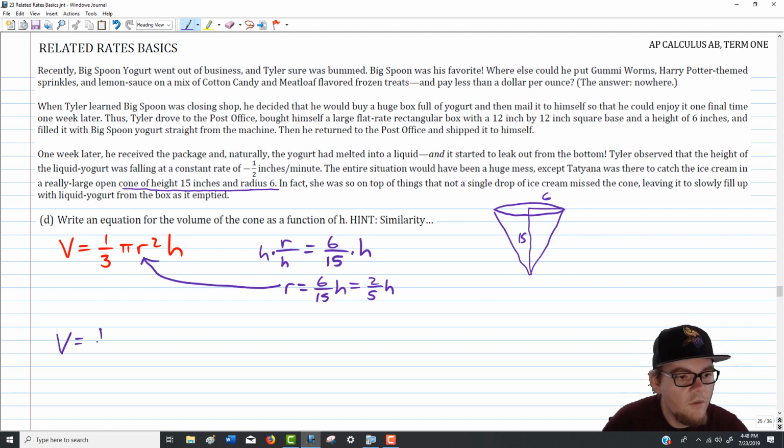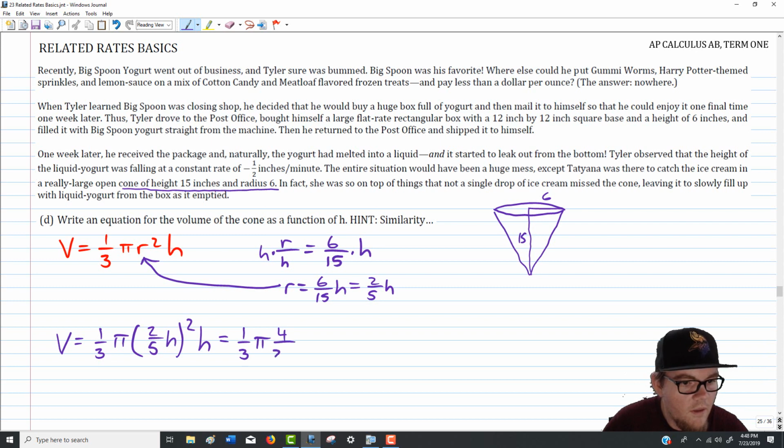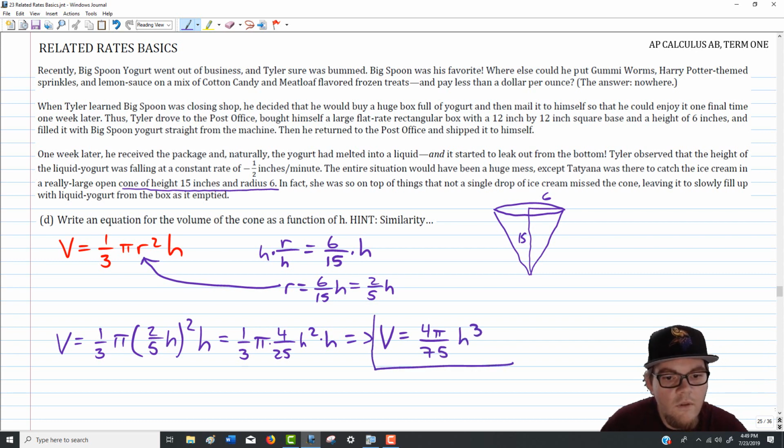We'll get that the volume is equal to 1/3 pi times our new r, which is 2/5 h, squared, times h. And if we multiply this all out, we can clean it up a little bit, make it easier for us to work with. That's 4 over 25 h squared times h. And that should get us to our volume, which is going to be, it looks like 4 pi over 75 h cubed. So there is the volume for our cone as a function of the height.